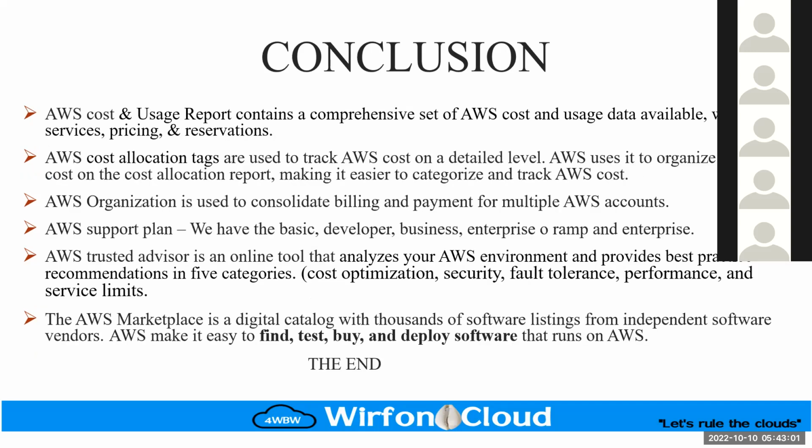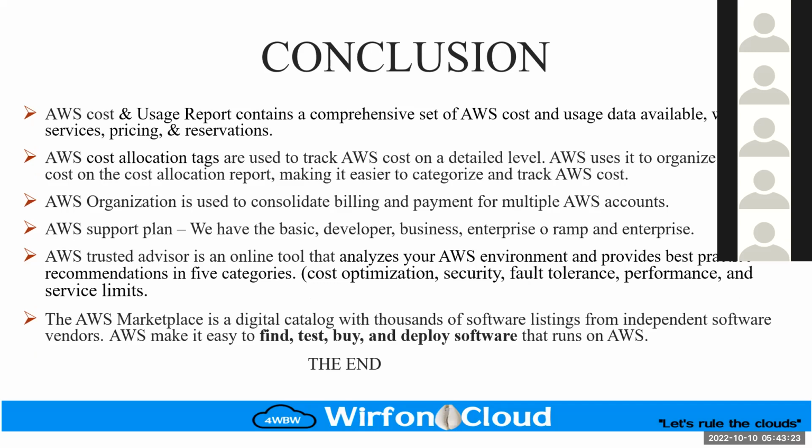We also talked about the Cost and Usage Report, which contains a comprehensive set of AWS cost and usage data available with AWS services, pricing, and reservations. We talked about cost allocation tags, which are used to track AWS cost on a detailed level.